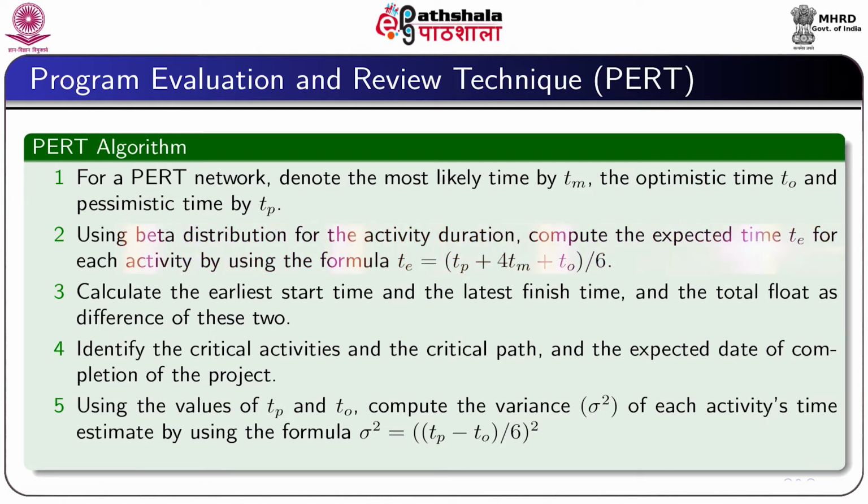Using the beta distribution for the activity duration, we compute the expected time Te for each activity by using the formula Te equal to (Tp plus 4Tm plus To) whole divided by 6.